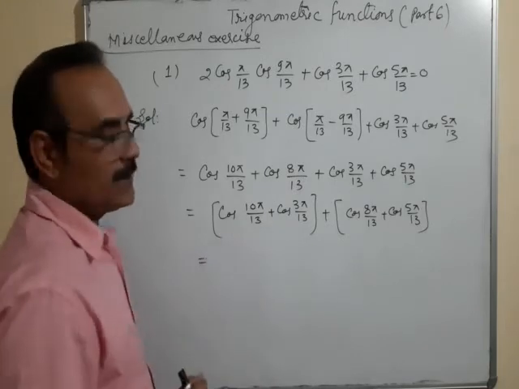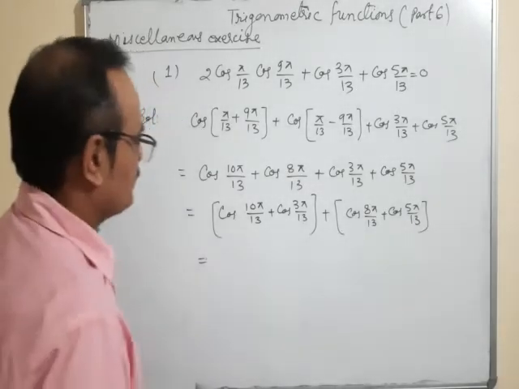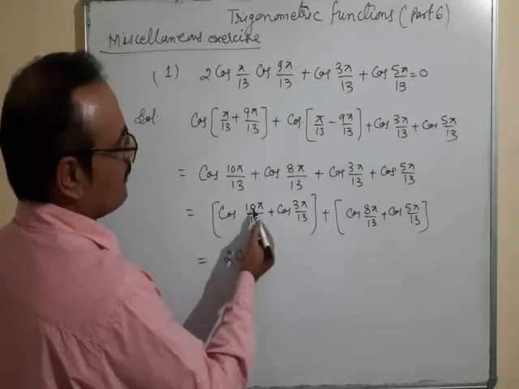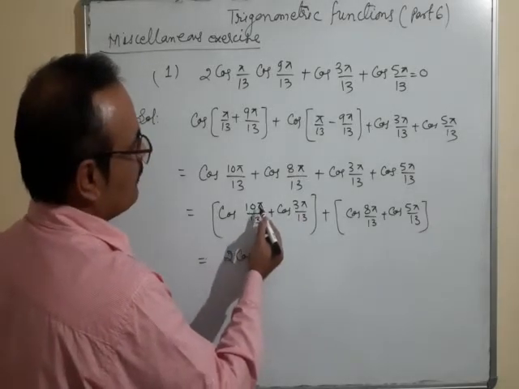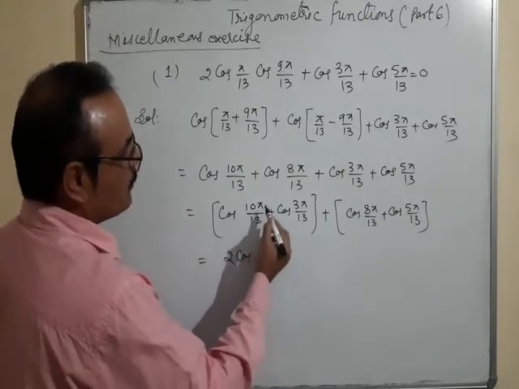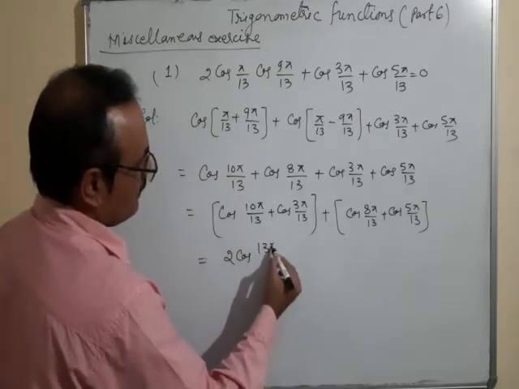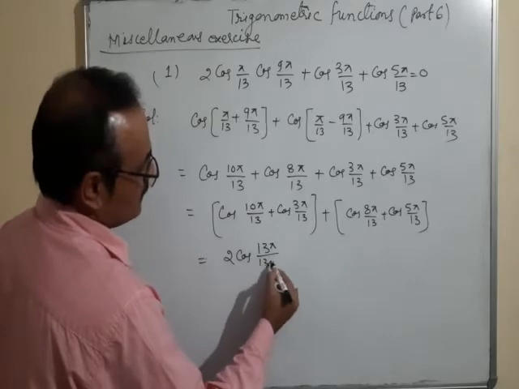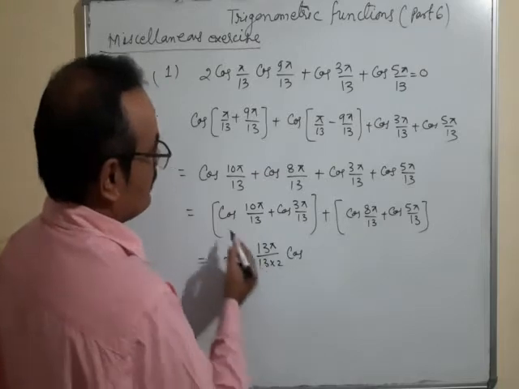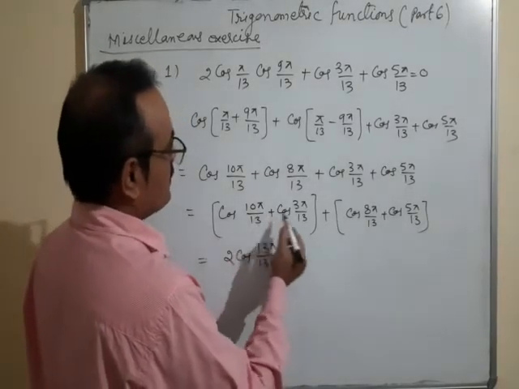Cos C plus cos D is 2 cos (C plus D) by 2 into cos (C minus D) by 2. C plus D is 10 pi by 13 plus 3 pi by 13, that is 13 pi by 13, by 2.